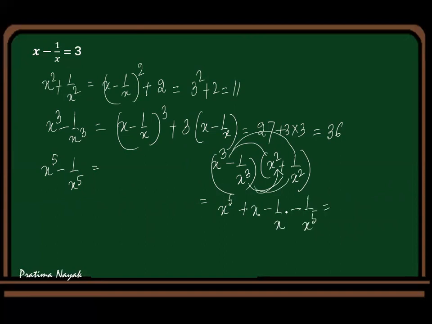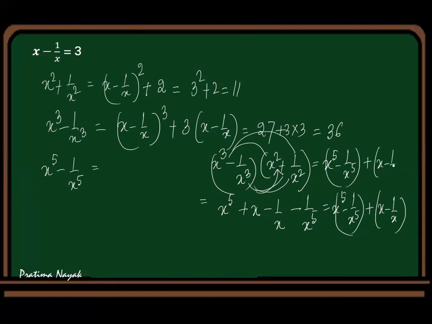This is the expression. Now if I arrange it, it will be x to the power 5 minus 1 by x to the power 5 plus x minus 1 by x. So you can remember this as a formula: x to the power 5 minus 1 by x to the power 5 plus x minus 1 by x.